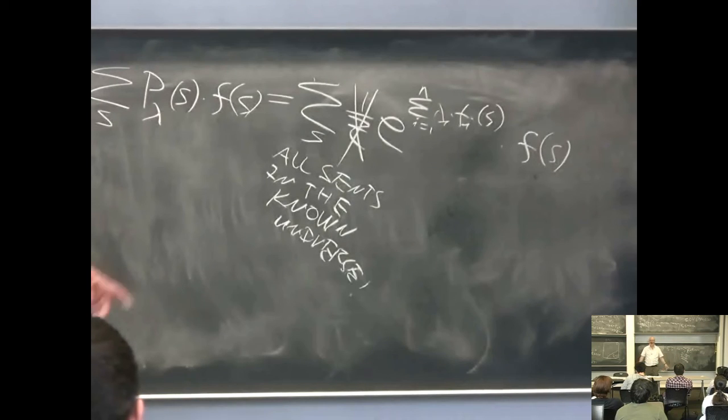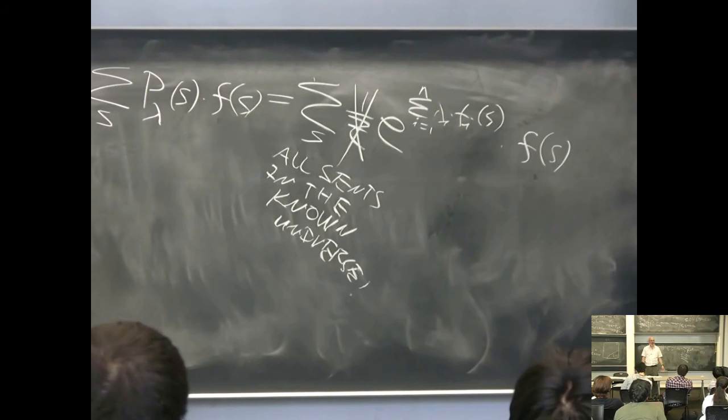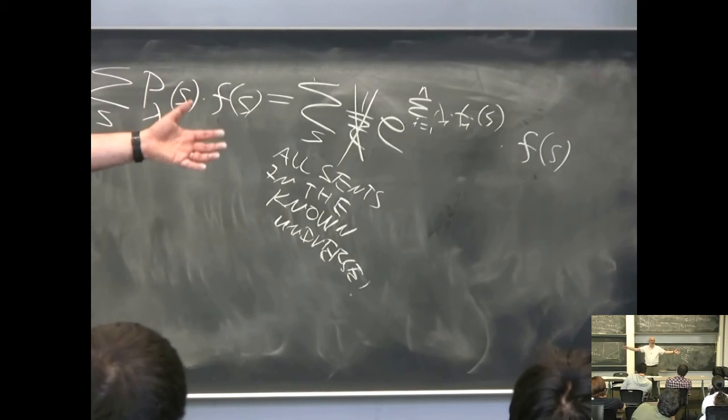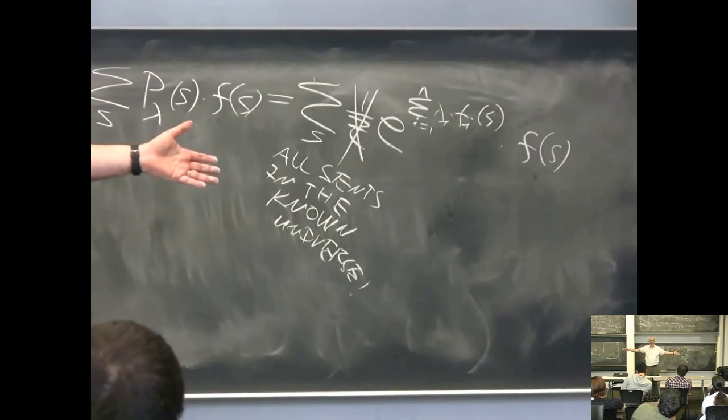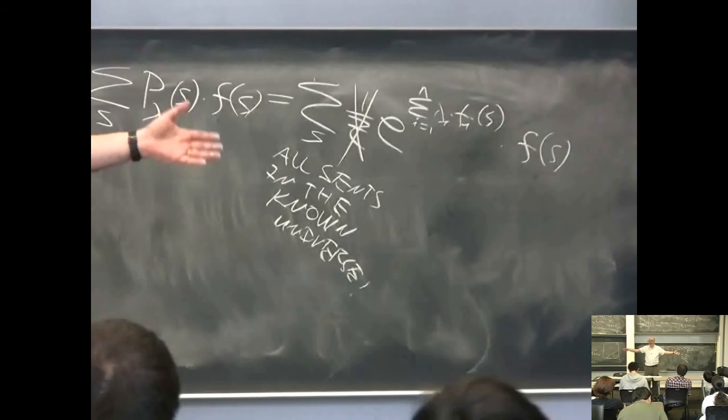I'll give you a hint. I'm not going to calculate it exactly, I'm going to estimate it. How do you estimate the expected value of some quantity from a very, very large population? Sample. I'm going to sample sentences. And here's the idea.